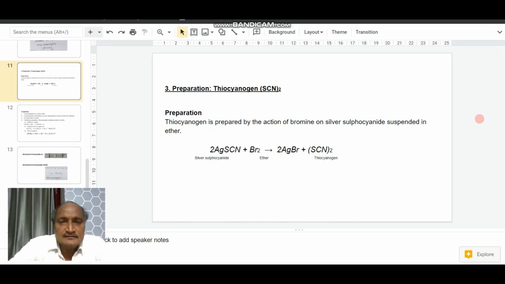The reaction is represented as 2 moles of silver sulfocyanide treating with bromine under ethereal media. It forms thiocyanogen with the formation of silver bromide.